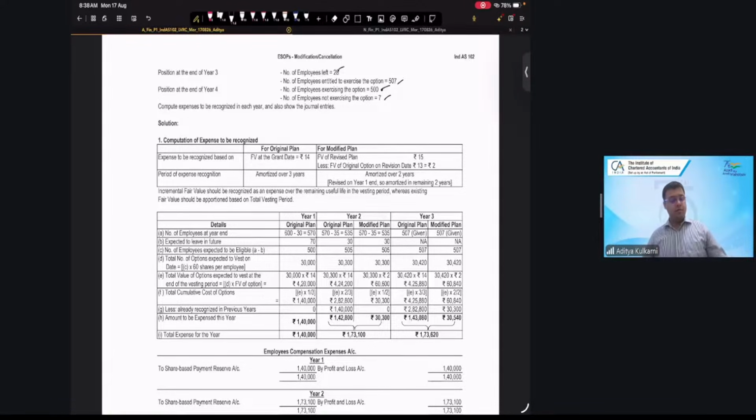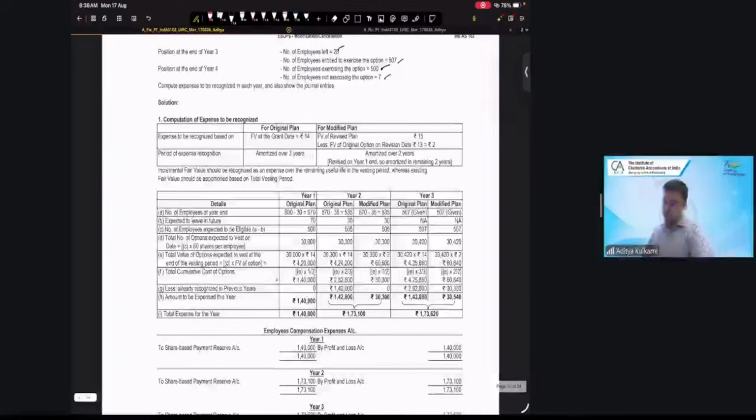Okay, so now computation of expense. Original plan, fair value is 14, amortized over 3 years, no change.